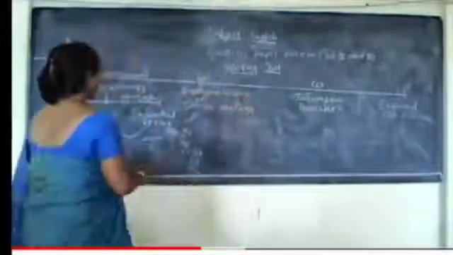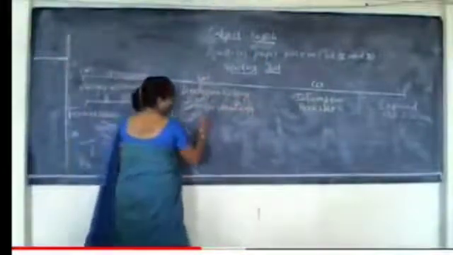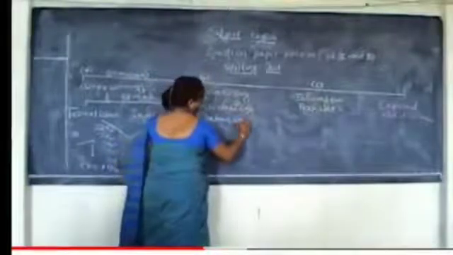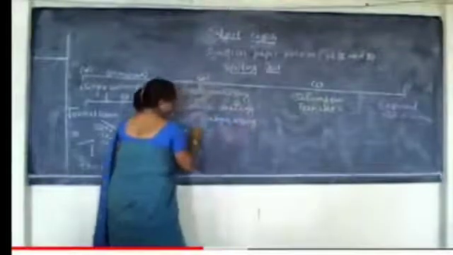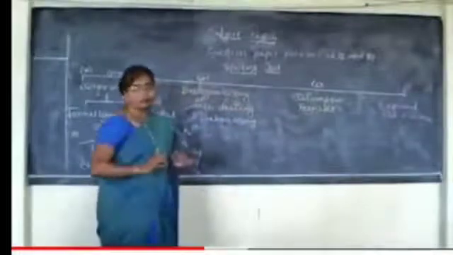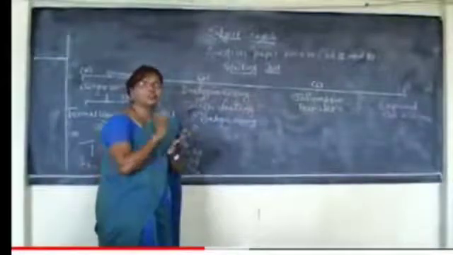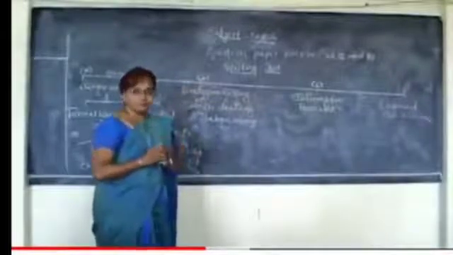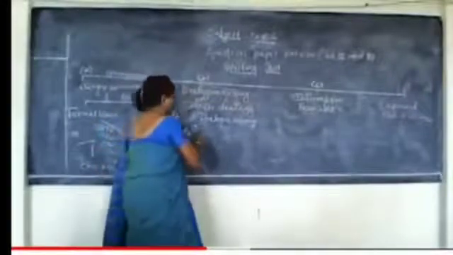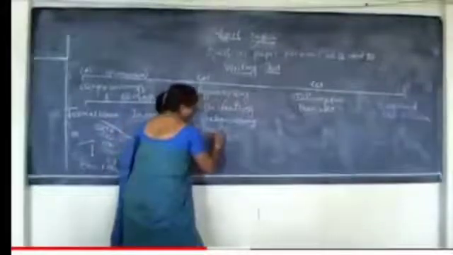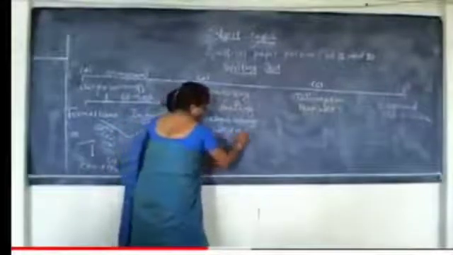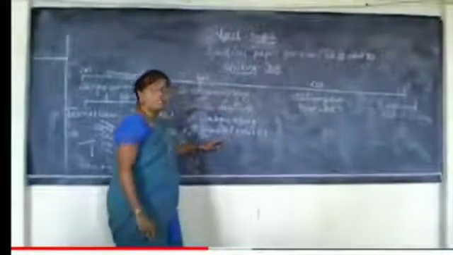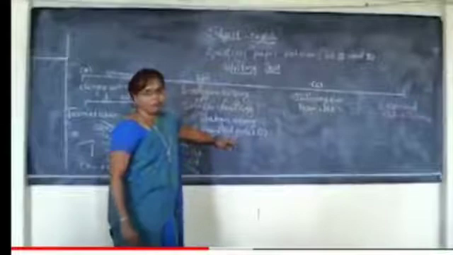The first one is a jumbled order of the dialogues given here, which consists of 4 points, and it carries 1 mark.